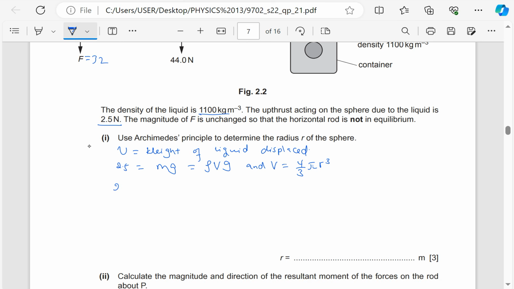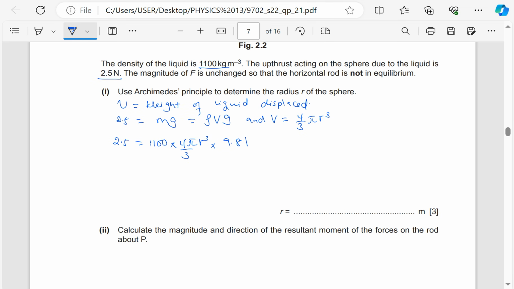So I'll simply say 2.5 equals the density, which is 1100, times the volume, which is 4 pi r cubed over 3, then times g, which is 9.81.